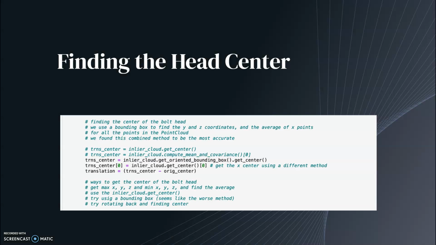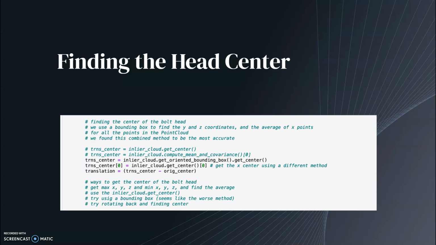So to find the center of the head of the bolt, we used a subset of original points that corresponded to the points on the head to calculate the center. So basically think of the red dots on the previous image. Taking the arithmetic mean of the points within the subset led to a skew in our center, since bolts oriented away from the camera would have more points near the camera than away due to the distortion effect, since as an image is tilted away from a camera, you can see more points closer to it than further away from it.